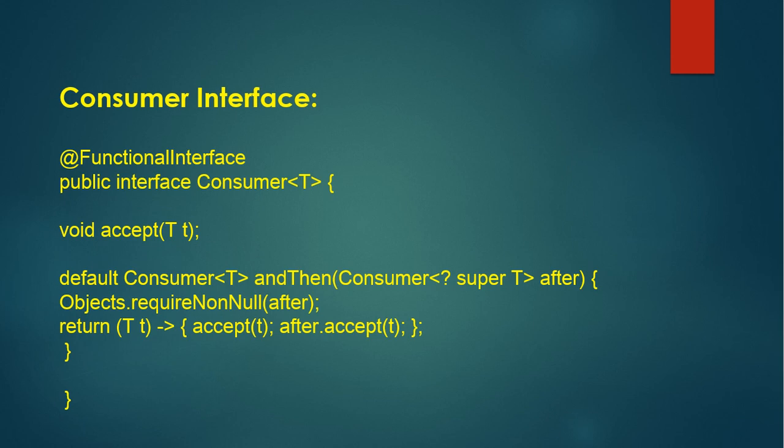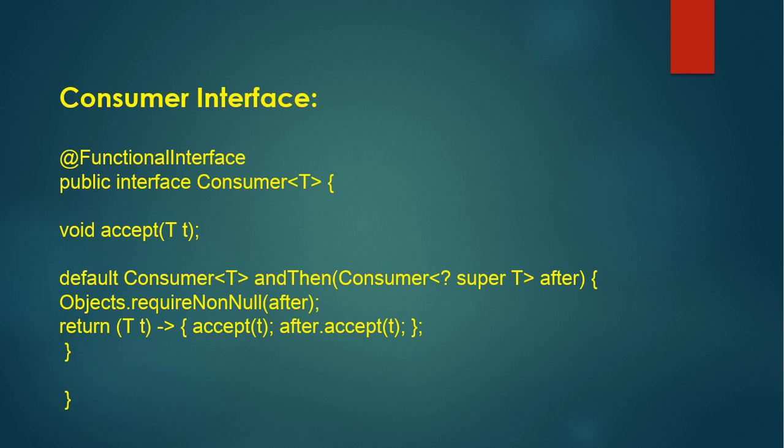A functional interface can have a default method, and this method, andThen, takes a consumer as its parameter. It is used to perform some sort of chaining operation: when you have a consumer interface and you want to perform some operation, and then chain the next consumer that has to be invoked.